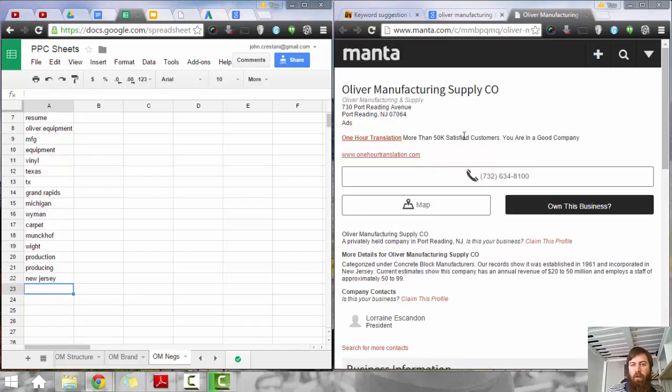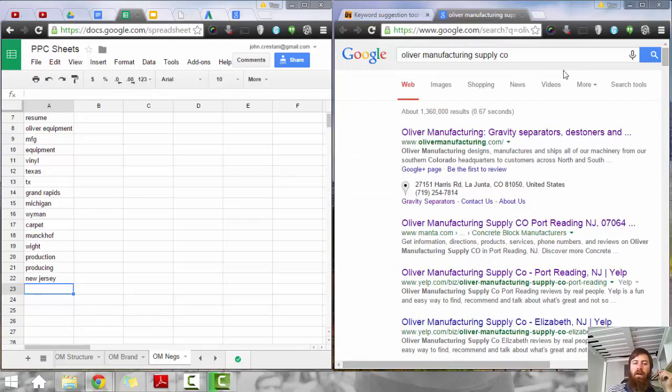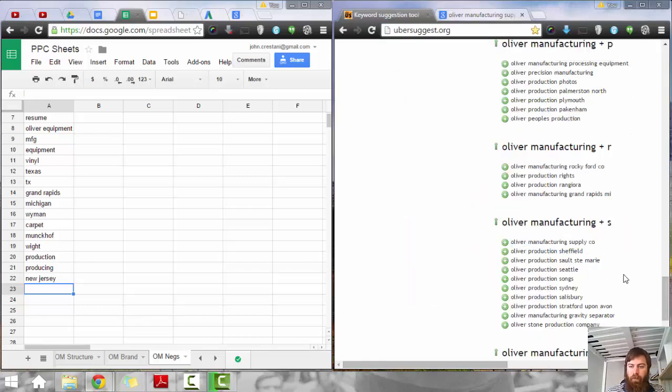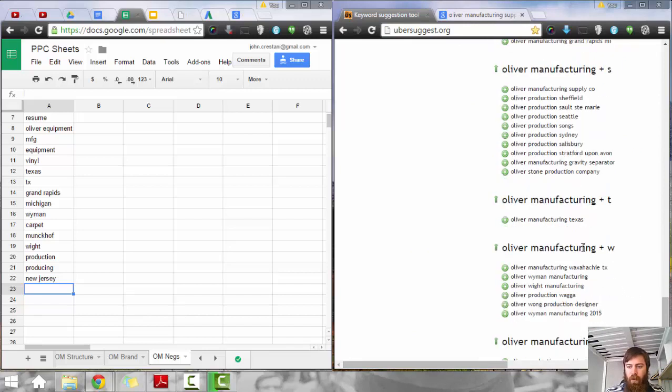But supply may be one of our keywords, so I don't want to put in supply, because that might get rid of some of our machines that deal with sorting grain supplies or whatnot. It doesn't seem to be big enough of a problem. Oliver Manufacturing Gravity Separator. Texas, keep in mind lots of these terms don't matter because it's production. The word production is already negatived out.